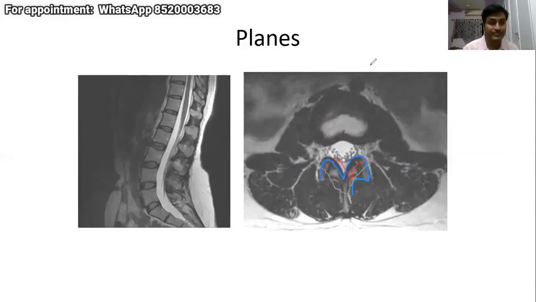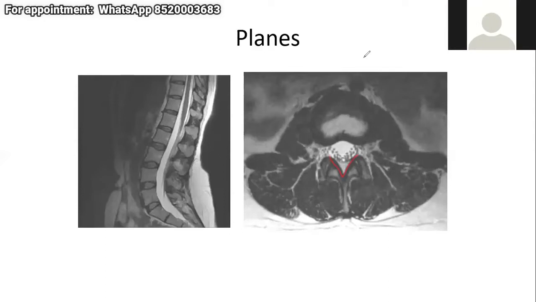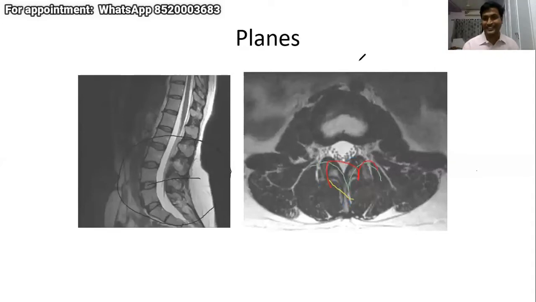Do not annotate, but try to identify on your screen. Let Dr. Sabha draw it. Other people just mark it on your screen. Dr. Sabha, are you drawing? Fine. So this is the ligamentum flavum. I will go to the next screen.